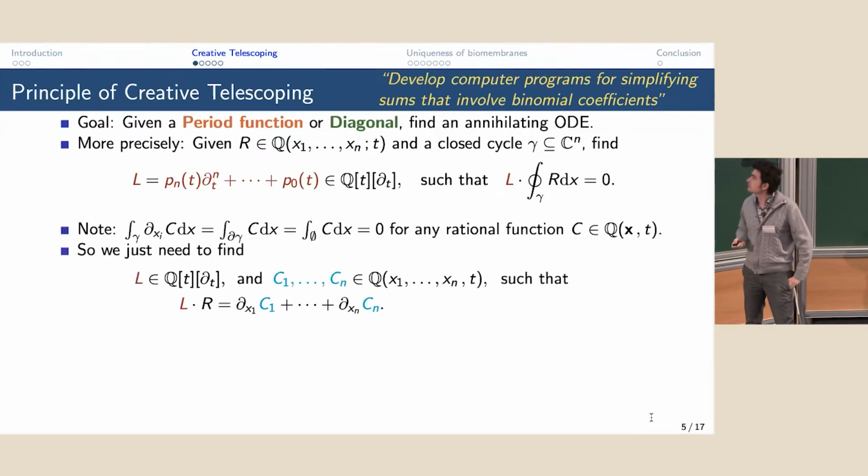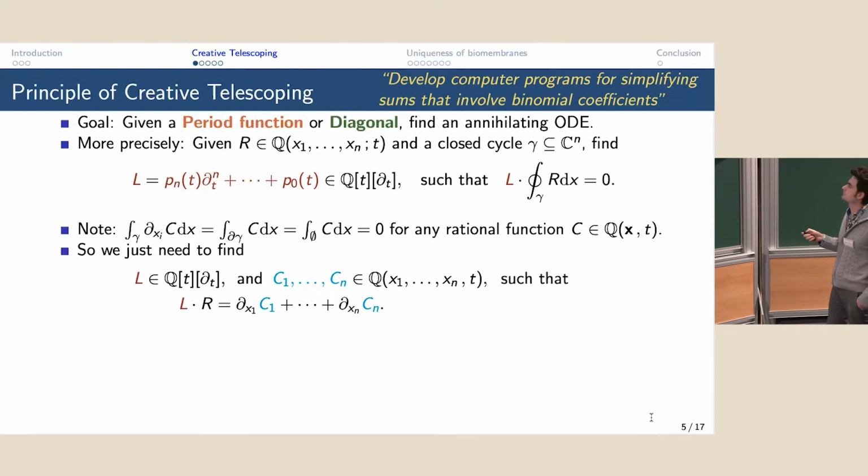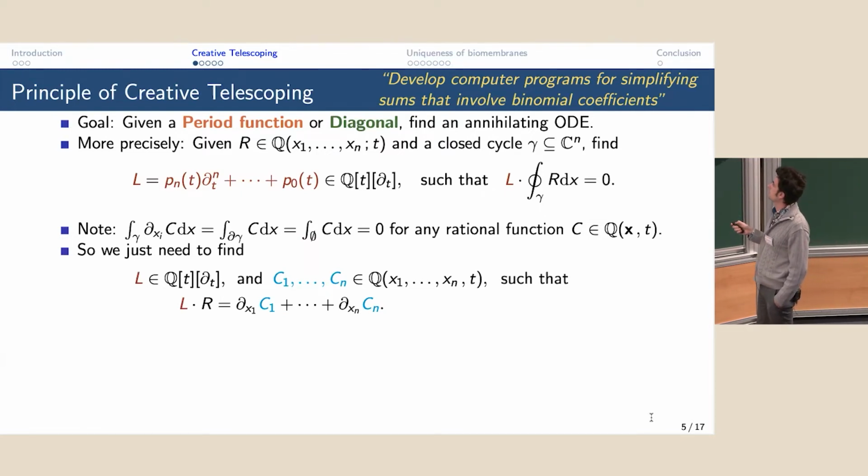And the idea is, like on my previous slides, the following. By this Stokes formula, we have that derivatives are integrated to 0, for any rational function c. And so what we want is the following. If we can find an operator in just the variable t and the derivative, and these functions, which will be called certificates, which are rational functions, such that this identity holds.